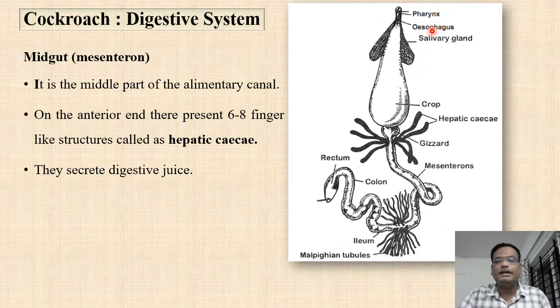Of course, salivary glands are found in the beginning of the foregut. One pair of salivary glands are there, and salivary glands secrete saliva, which contains enzymes for the digestion. Like this, hepatic caeca and salivary glands are the glands secreting enzymes helping the digestion in cockroach.